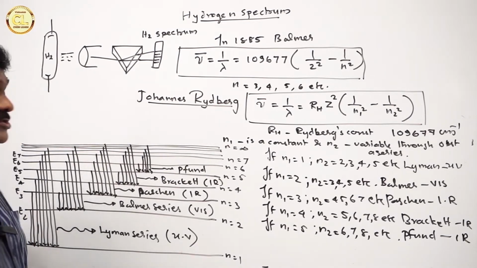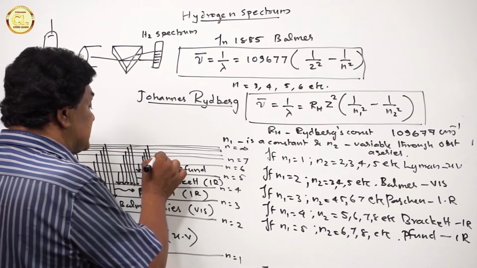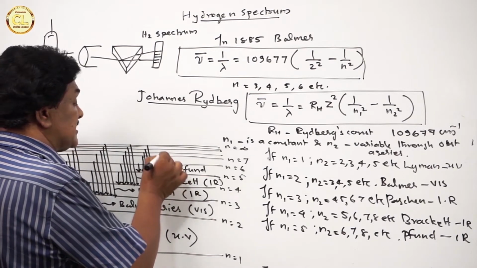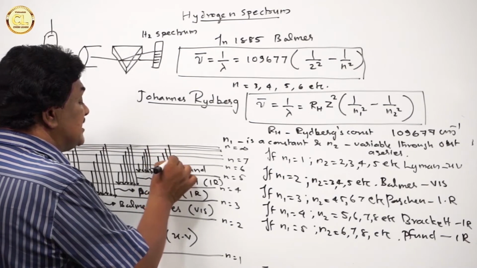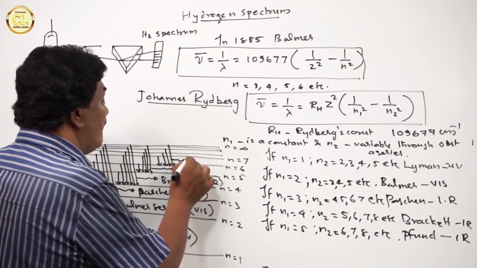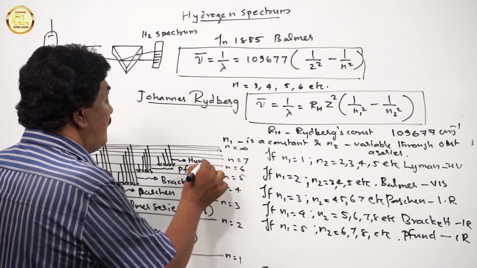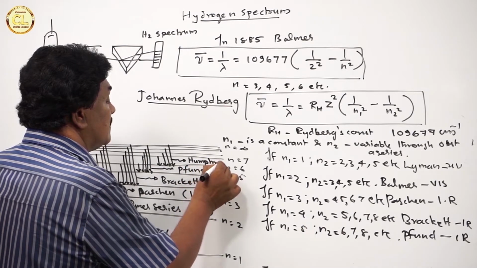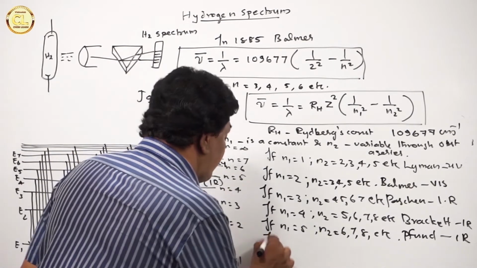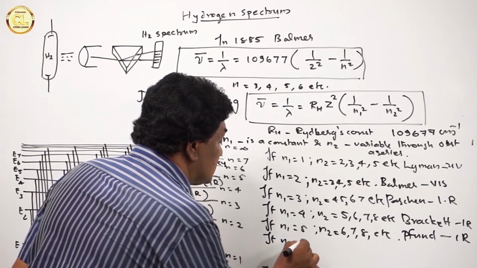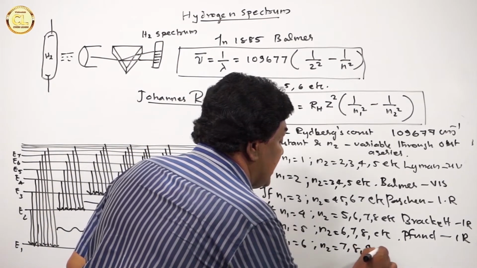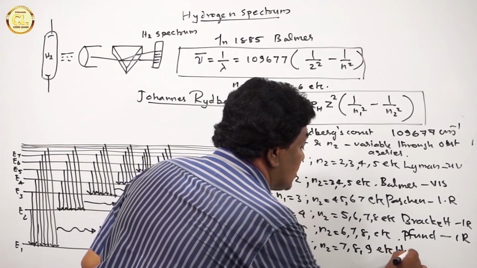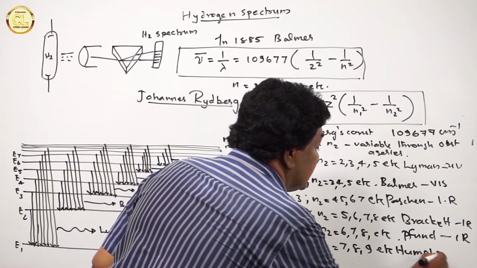Yet another is also important. That is, if de-excitation takes place from 7 to 6, 8 to 6 and so on, then a series of lines is produced called Humphreys series. See, if n1 is equal to 6, n2 is equal to 7, 8, 9, etc., that series is called Humphreys series.